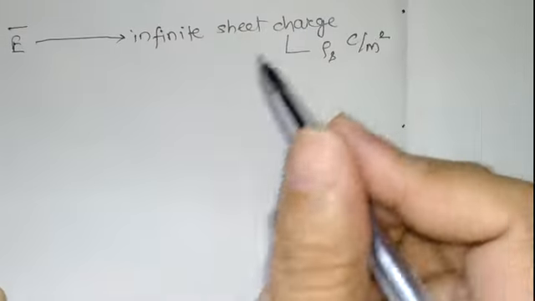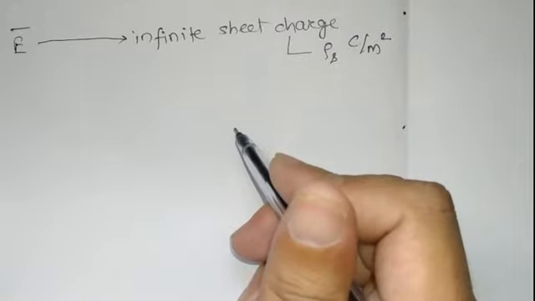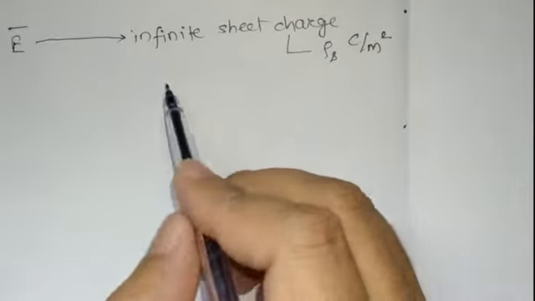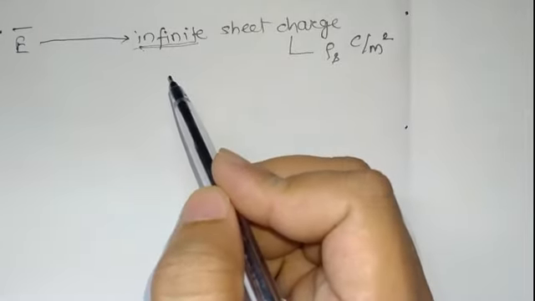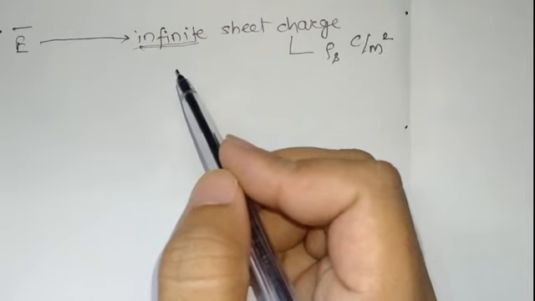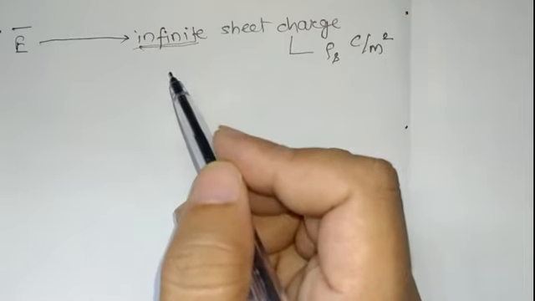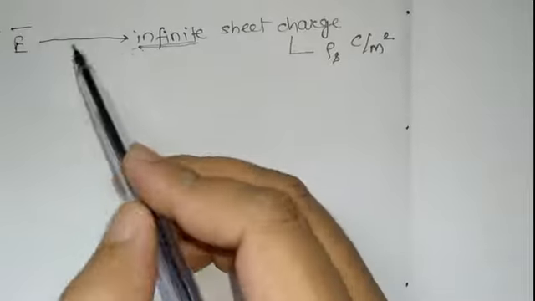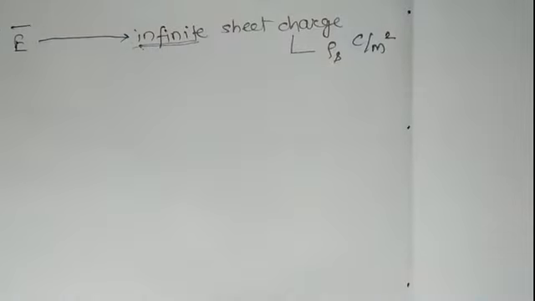See, the given scenario is that we have a sheet, and the dimensions of the sheet are infinite. So for this infinite sheet of charge, if we have a test point, say P, at that point P we are going to calculate the force per unit charge, that is the electric field intensity.